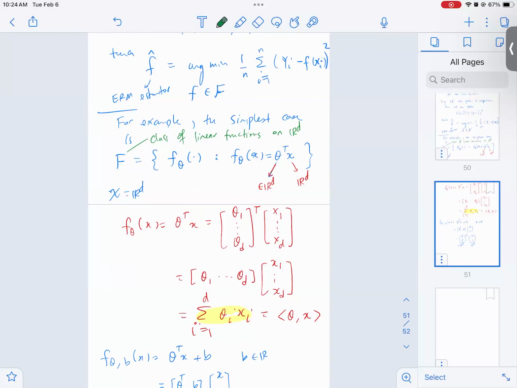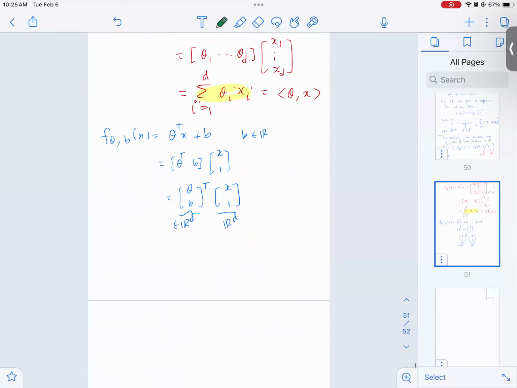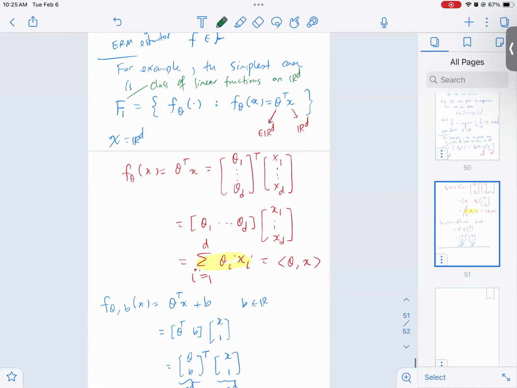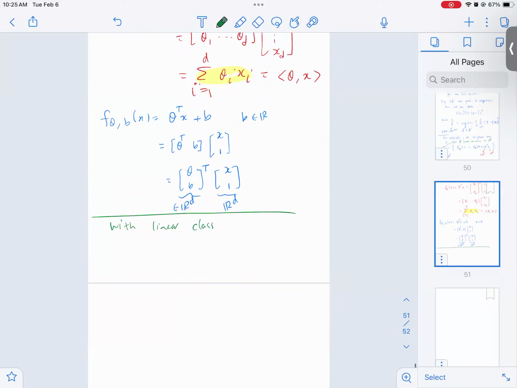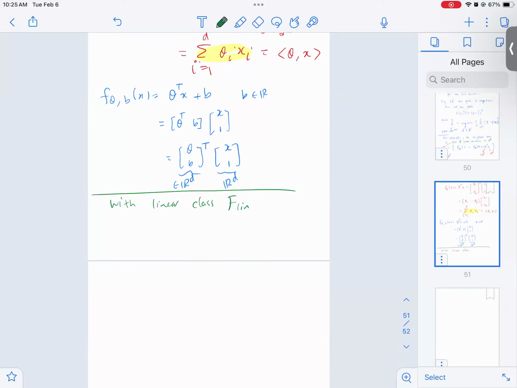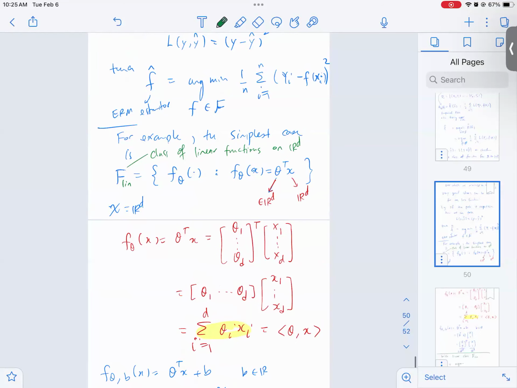So let's plug this into that problem. With the linear class, let's call this F-lin, my estimator f hat is the argmin.